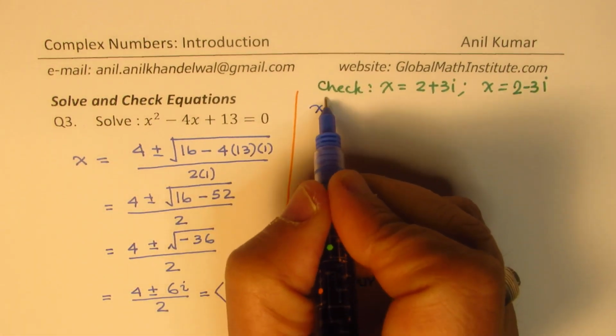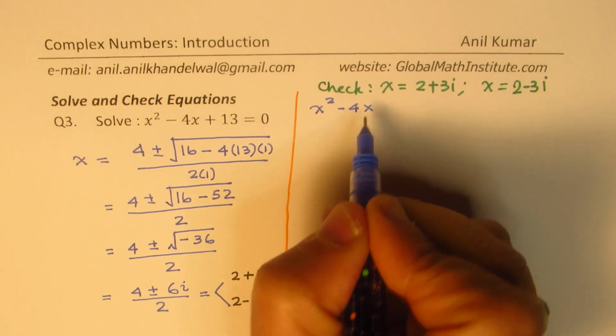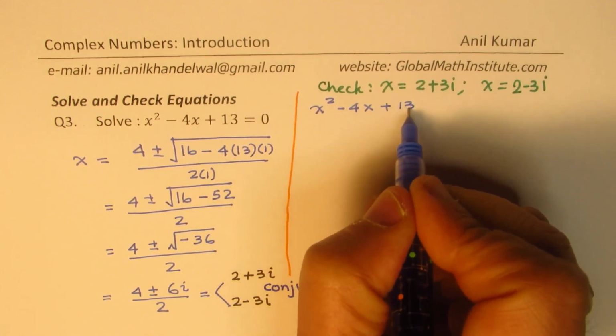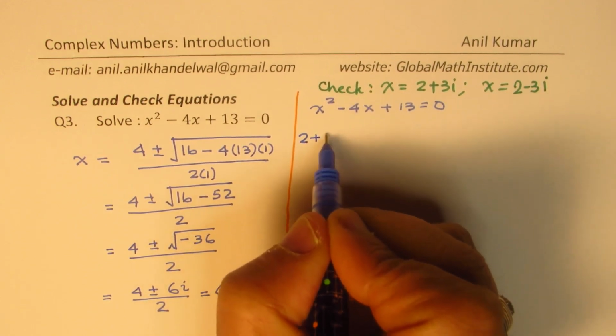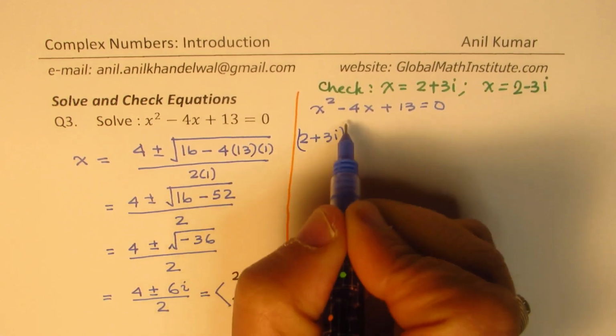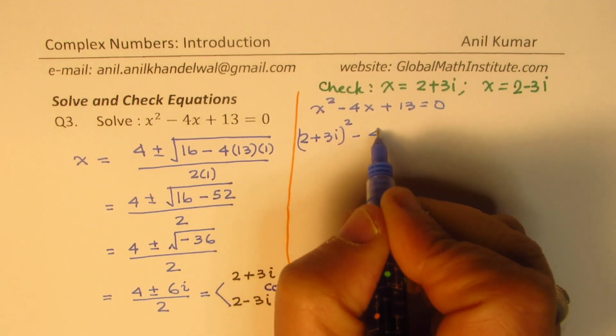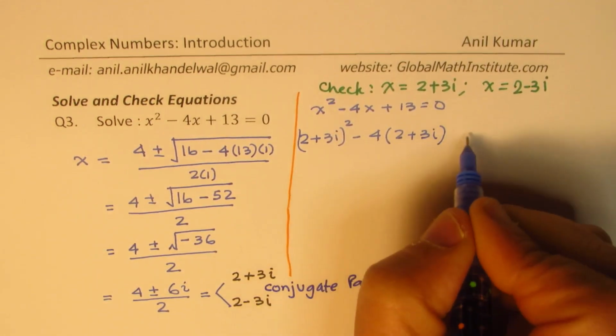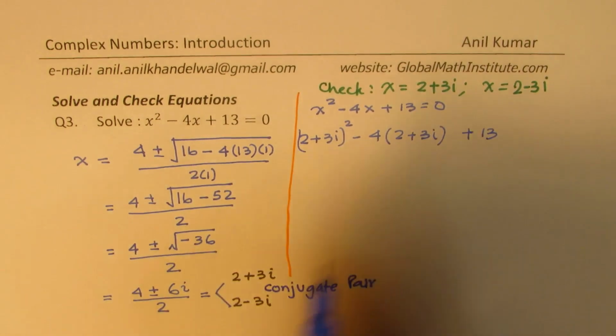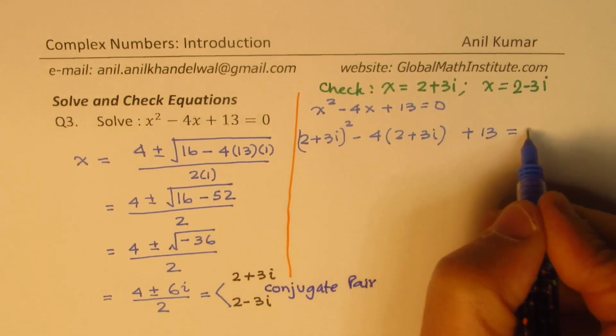Our equation is x squared minus 4x plus 13 equals 0. So if I substitute 2 plus 3i, I get 2 plus 3i whole square minus 4 times 2 plus 3i plus 13, equals 0.